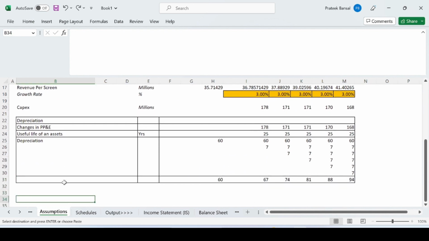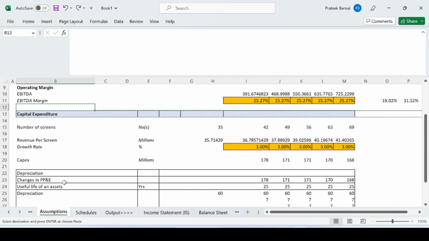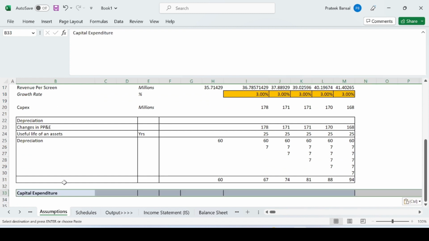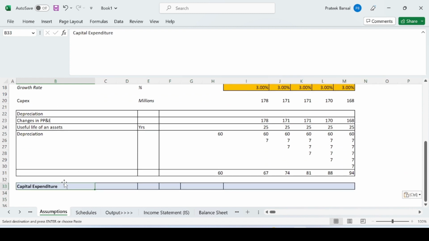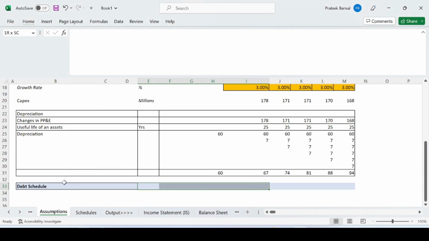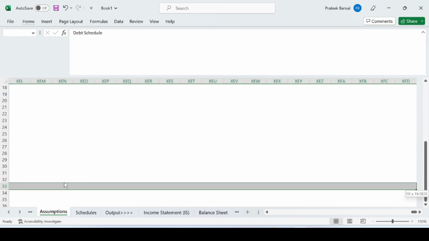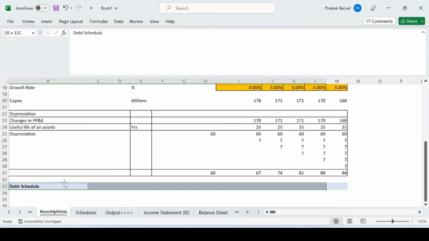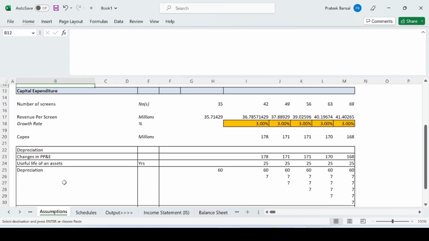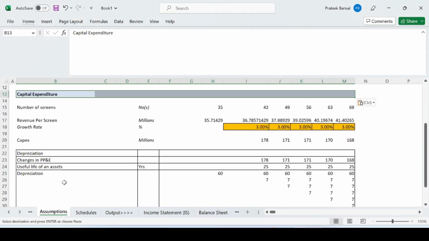I will paste it here and write debt schedule. We can also remove the gridlines, because this is not looking great. I will copy this formatting and paste it here as well.